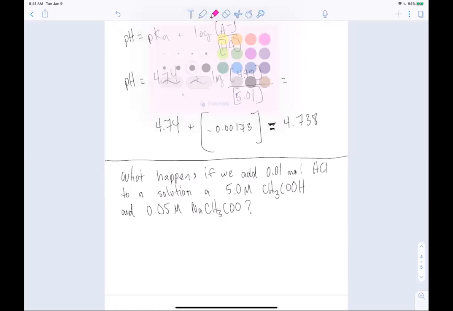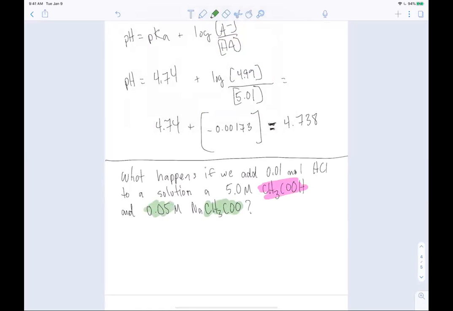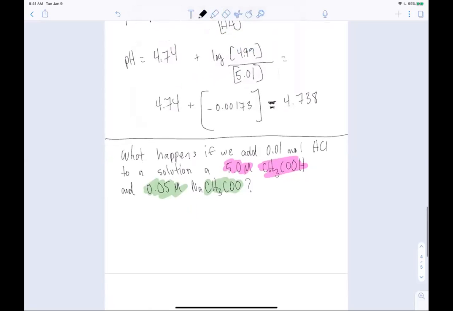All right, so I still have an acid and I still have its conjugate base down here. What's changed is now the conjugate base concentration is 0.05 molar versus the conjugate acid, which is 5 molar. But it's still a buffer because I have both present.